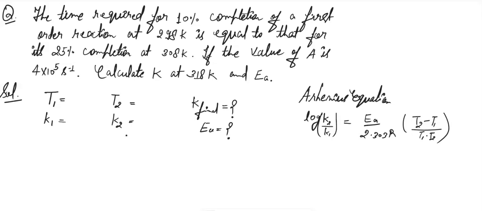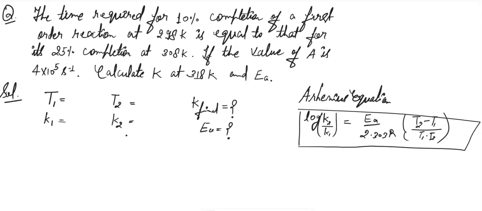You are expected to learn this equation. This is a very important equation, the Arrhenius equation in terms of two different rate constants with two different temperatures. We will use this equation in this question and solve for the values.